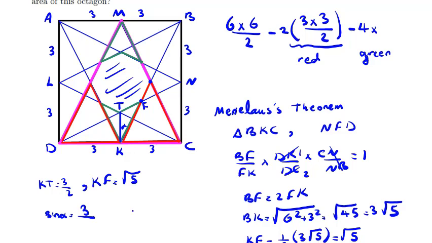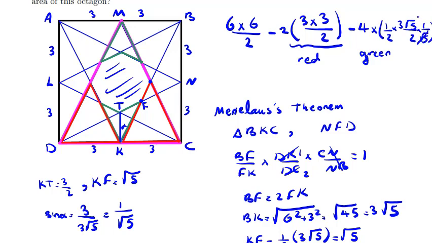BK was 3 root 5, so it is 1 over root 5. For the area of this part, you should know this formula: this side times that side times sine of the angle, over 2. So it will be 1 over 2 KT KF, which is 3 root 5 over 2 times sine alpha, which is 1 over root 5.